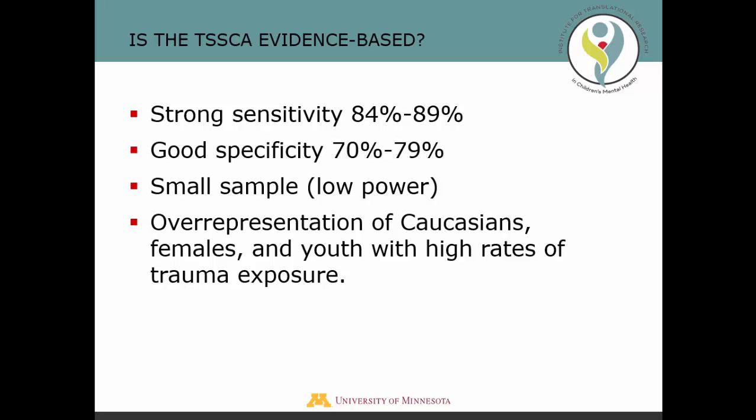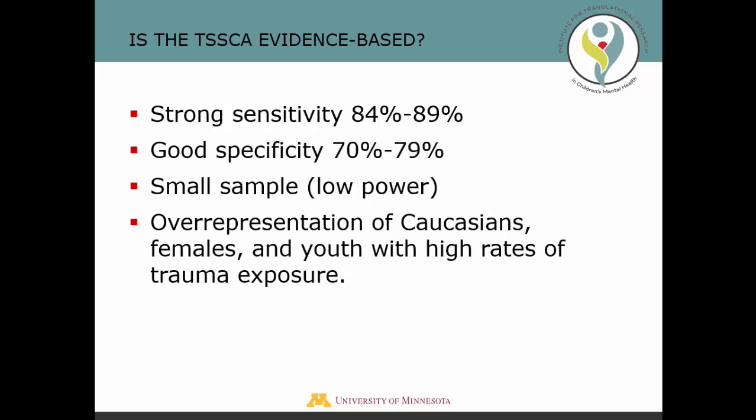Specificity is the percentage of children without elevated traumatic stress symptomology who are identified as such. Specificity tells you how well the tool weeds out kids who don't have symptoms. A cutoff score of 4 yields 89% sensitivity and 79% specificity. A cutoff score of 5 or higher yields 84% sensitivity and 70% specificity.